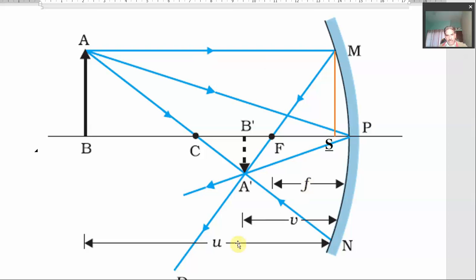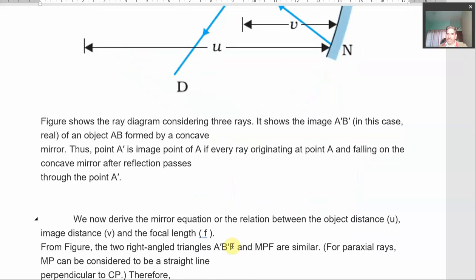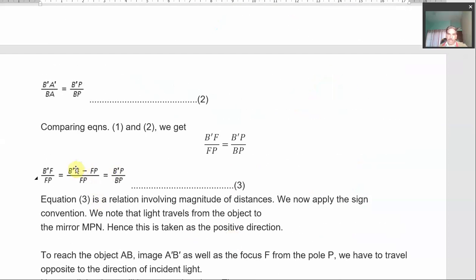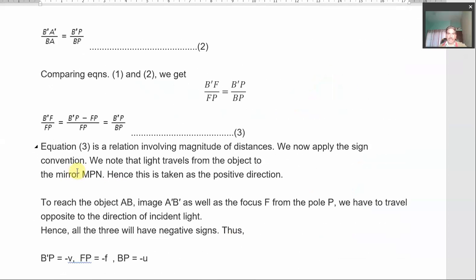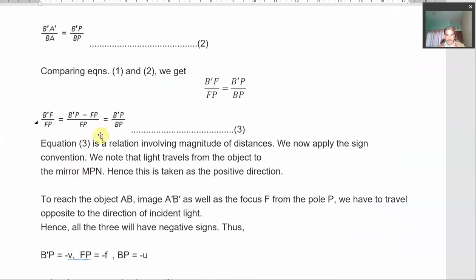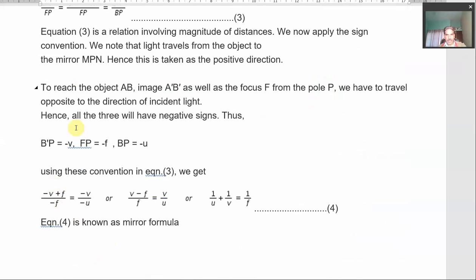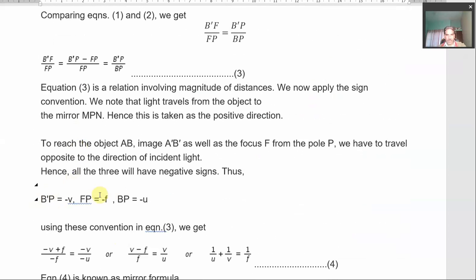So all these distances are to be taken as negative and substituted in the formula here. So b dash p will be minus v, fp will be minus f, and bp will be minus u. So on substituting, we get this. We are substituting these values from here to here in this equation, and therefore we get this value.